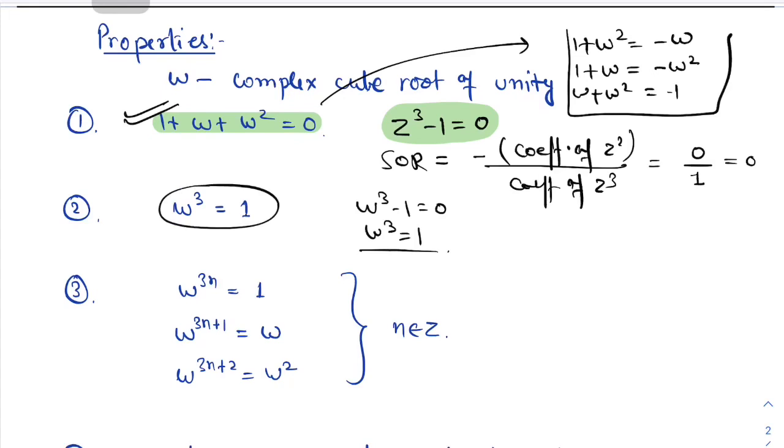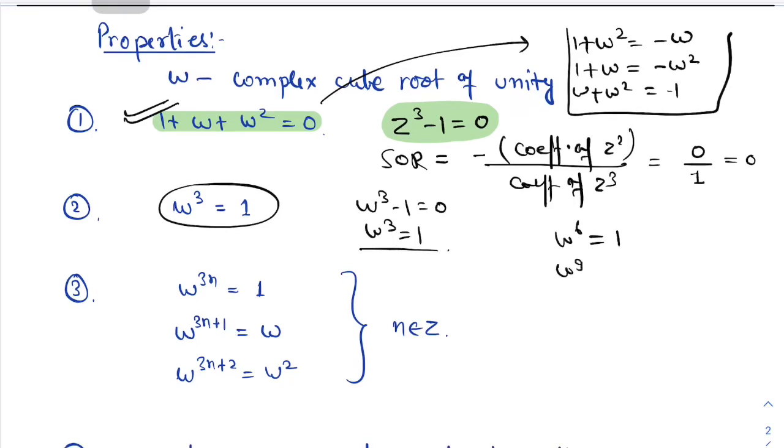Okay, so if omega cube is equal to 1, what will be omega to the power 6? It will also be 1. What will be omega to the power 9? Again 1. Omega to the power 15, 1. Omega to the power say 189, it is also 1, because this 189 is a multiple of 3.